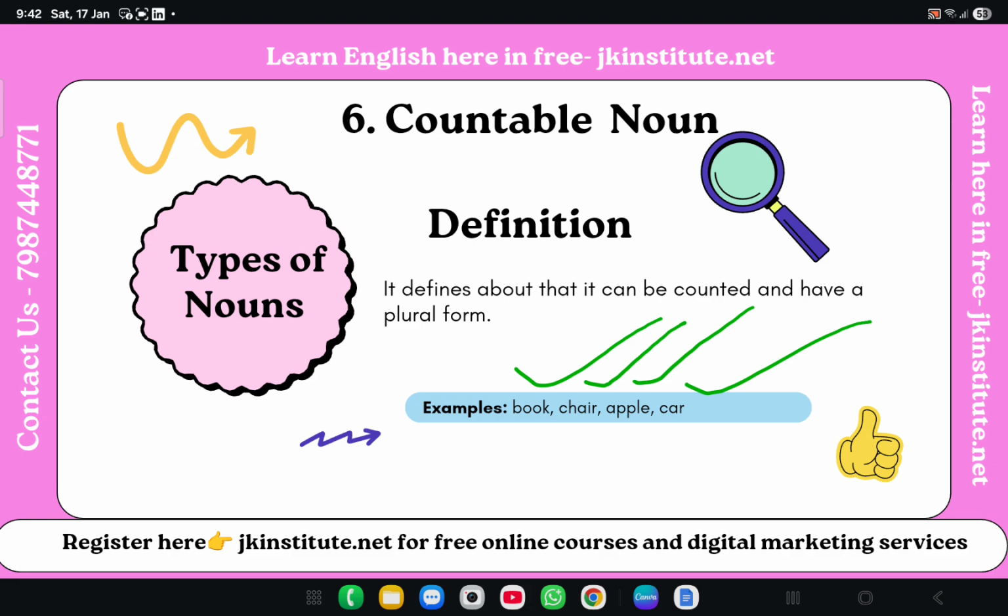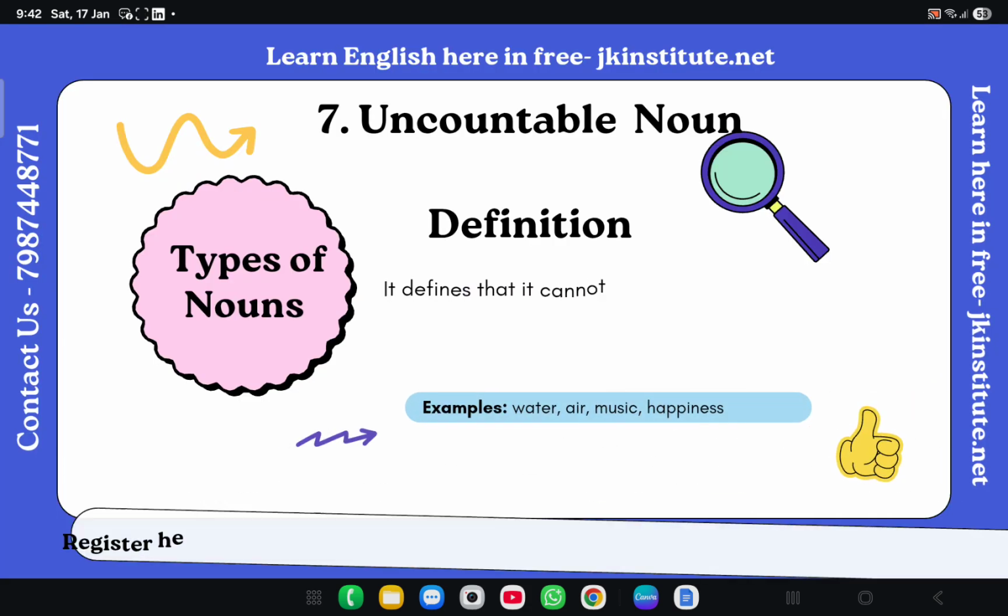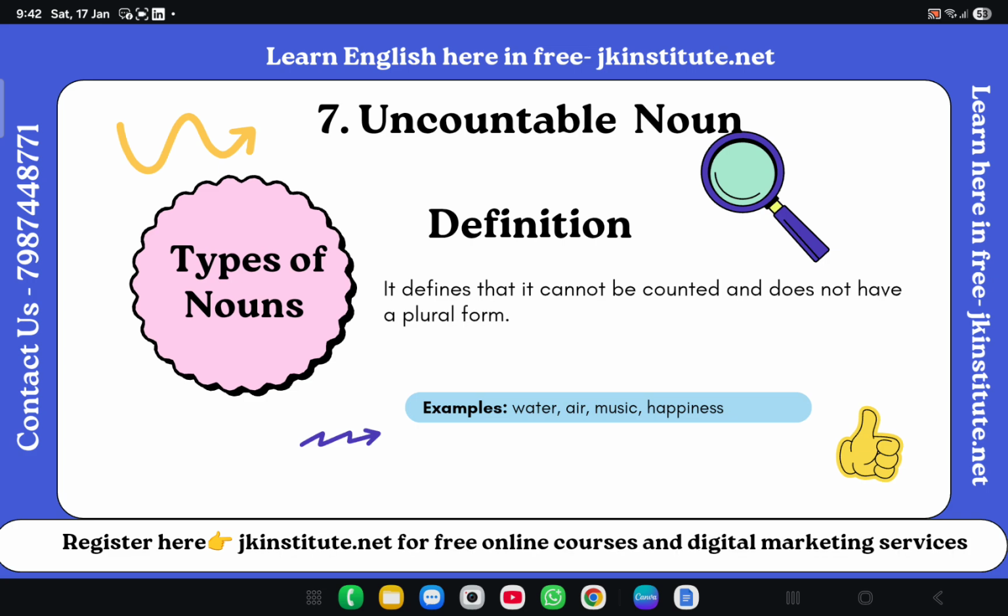Now let's go to another kind of noun, the uncountable noun. Uncountable nouns are used to recognize uncountable things. These cannot be counted, remember this point, and they don't have a plural form.